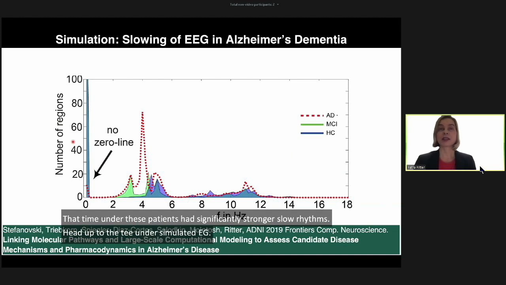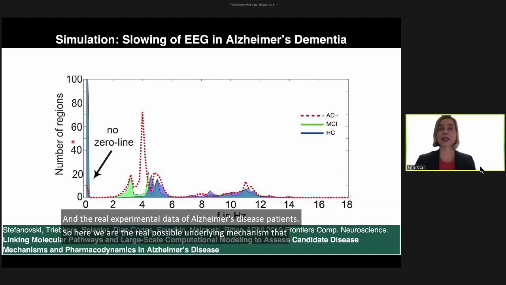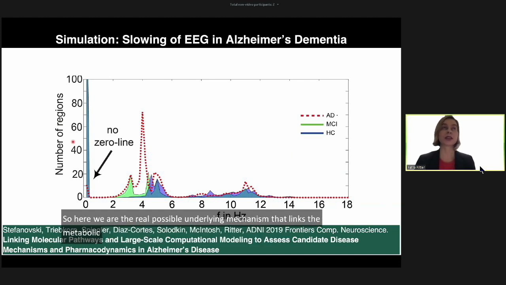This effect is a consequence of including beta amyloid load from PET data in our otherwise identical virtual brains. The slowing occurs in the real experimental data of Alzheimer's disease patients. So here we reveal a possible underlying mechanism that links the metabolic pathway scale with large-scale brain dynamics.